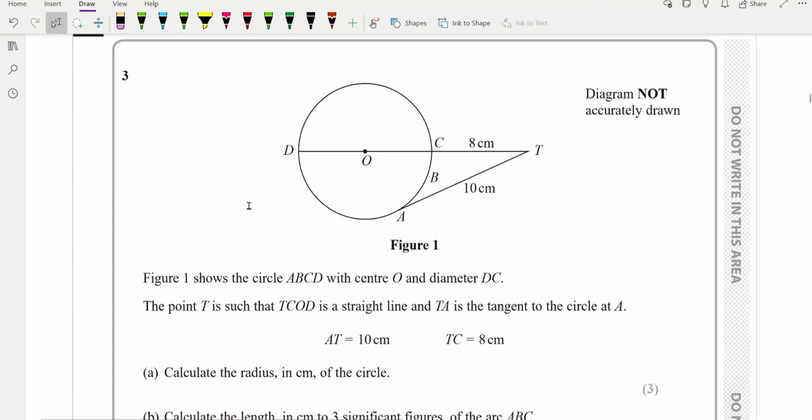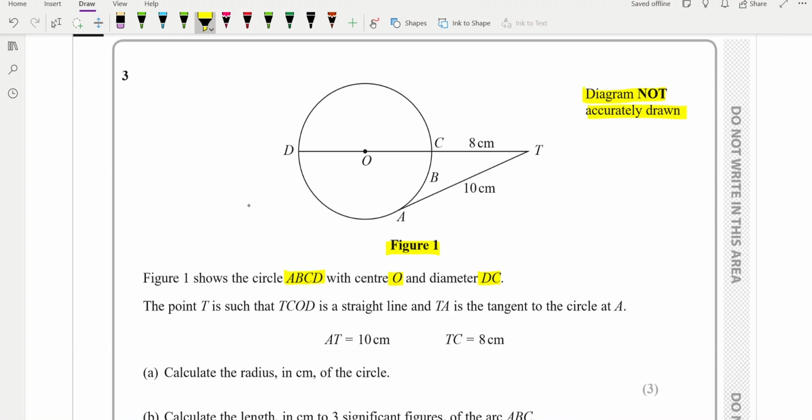Now this is question number 3, which is also a very interesting question, but we have to keep in mind the diagram is not accurately drawn. Figure 1 is this one. Figure 1 shows the circle ABCD with center O, diameter DC.